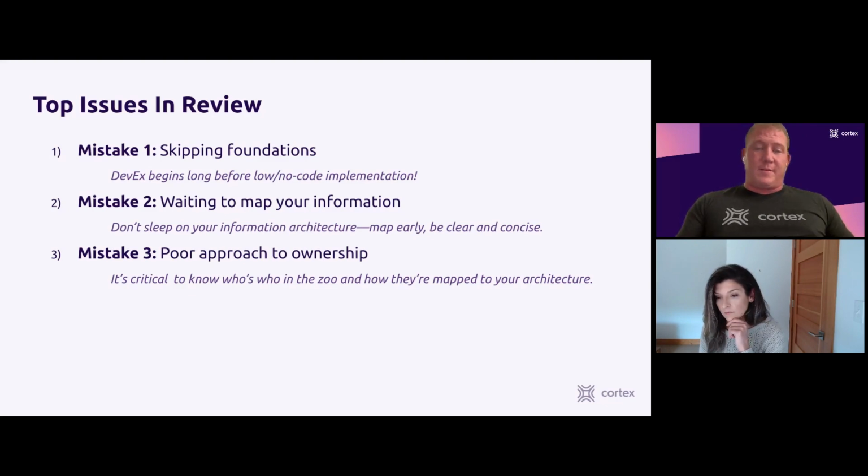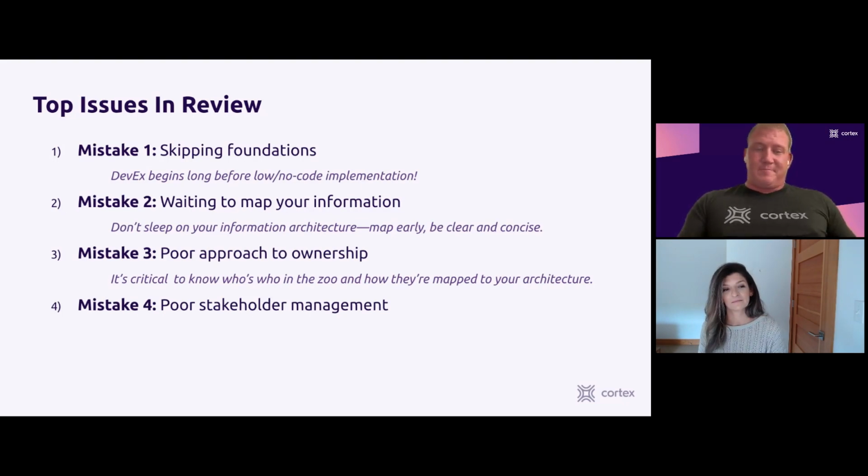If it's in a code owner's file, if it's in other places like that, if it's in GitHub teams, it shouldn't matter. But I think the key is more about mapping that ownership back to your services, back to your domain architecture, your product architecture, back to the resources and the people that are responsible for maintaining those pieces. So I apologize if that wasn't terribly clear, but at the end of the day, it's critical to know who's who in the zoo, right? And map them to your architecture.